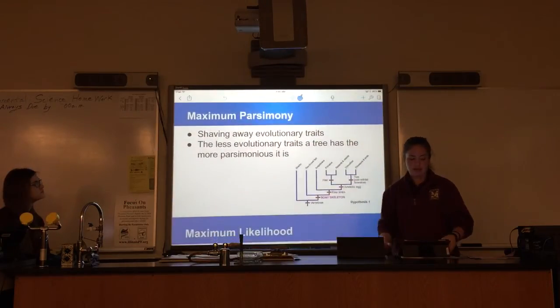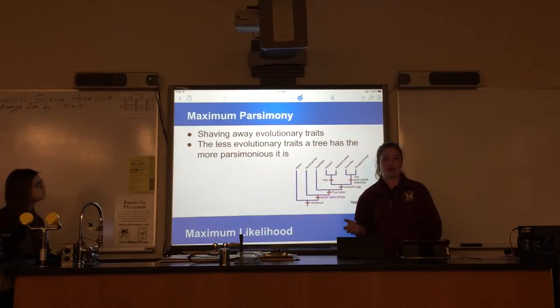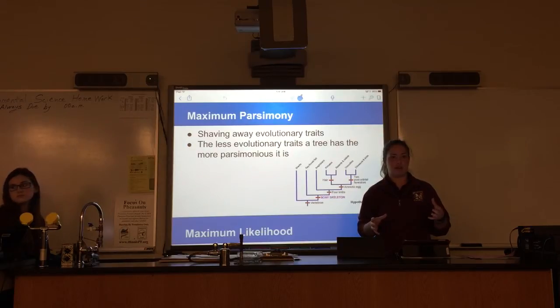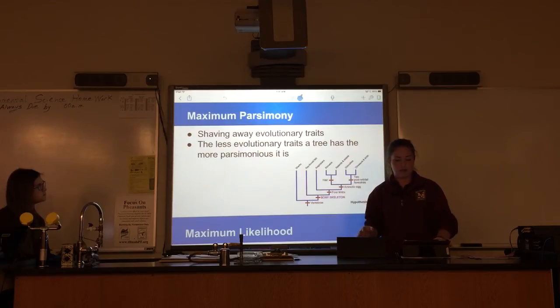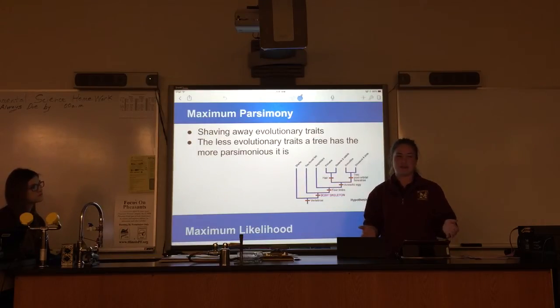Maximum parsimony is where they shave away evolutionary traits, and they make numerous phylogenetic trees, but they pick the tree which has the least amount of evolutionary occurrences happening, and that helps them make the most accurate determination of what organisms are related to each other. Does anyone have any questions on that one?